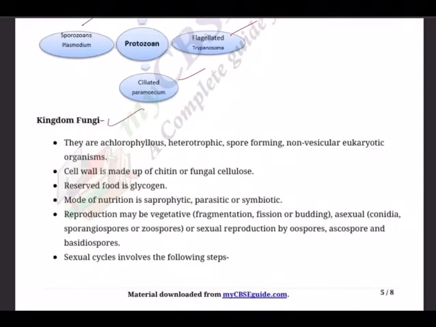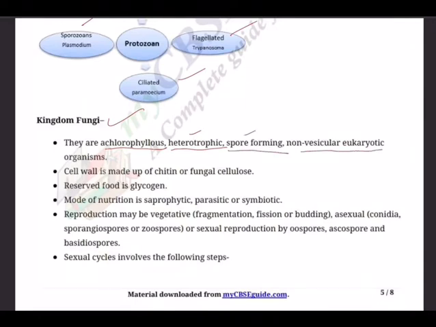These are achlorophyllous. There is no chlorophyll, that means they are not green. Heterotrophic, not autotrophic. Spores will be formed.